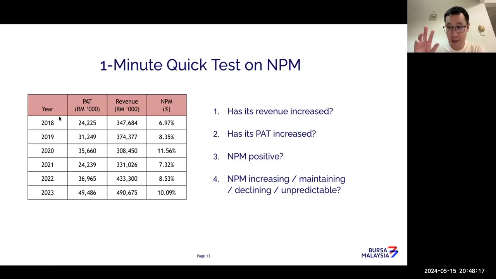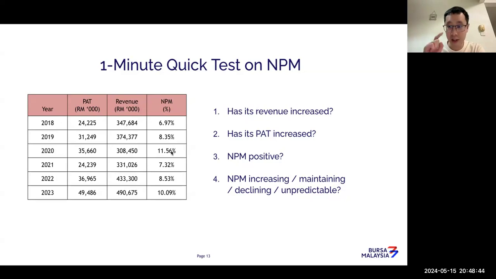Okay, take a company that you have chosen, compile only these two figures, profit after tax and revenue, and then you calculate the net profit margin for each and every single year of that company. From there, you may want to answer these questions. Number one, has its revenue increased?